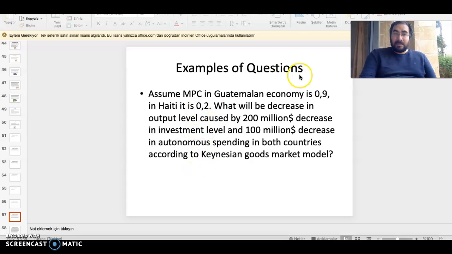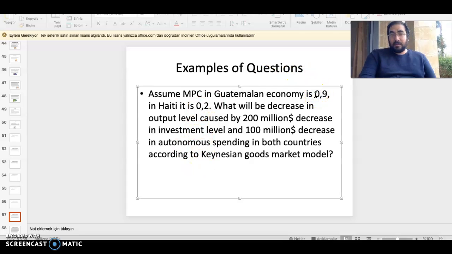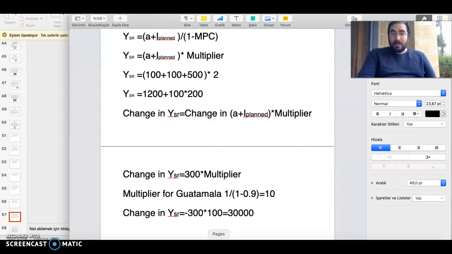And last time we have seen, we have solved this problem for Guatemala with MPC equal to 0.9. Now we will solve the same question for Haiti with MPC equal to 0.2. So when MPC is 0.2, in that case, the multiplier will be 1 over 0.8.